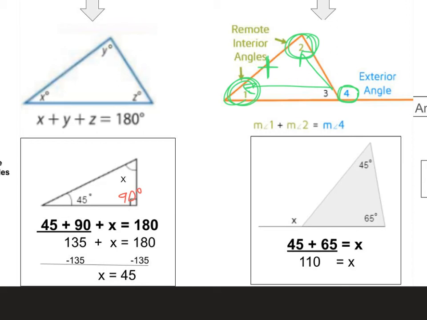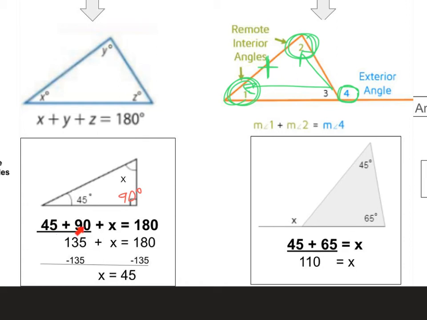You can see here, I set up 45 plus 90 plus the third missing angle, and those three together equal 180. I know some of you are thinking, why do I have to do this whole big setup process? You'll see on the next lesson where it is not so obvious. So you need to learn the whole process.